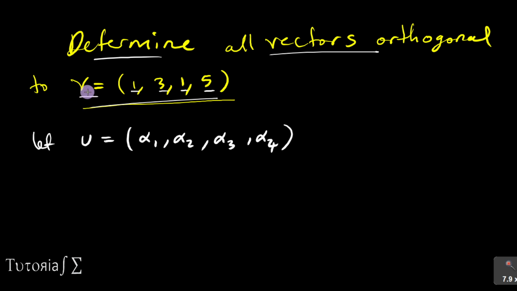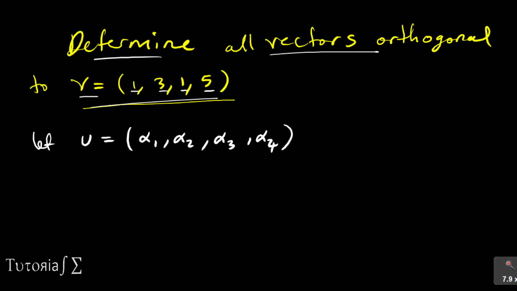So determine all the vectors orthogonal to this, that is v is equal to 1, 3, 1, 5. So we let u have the same number of dimensions as the given vector. So this is 1, 2, 3, 4, and we're going to have four components, alpha 1, alpha 2, alpha 3, and alpha 4. So now remember what we said.